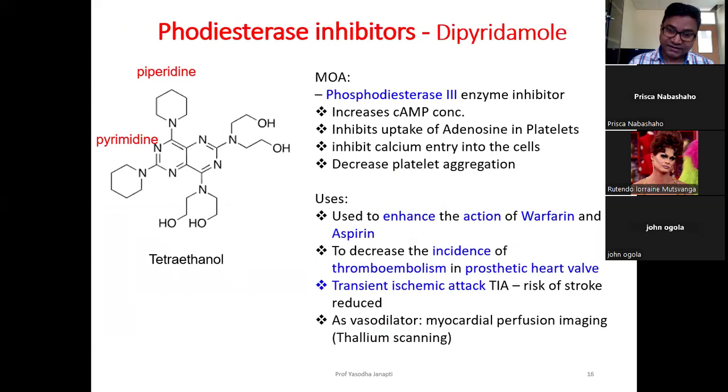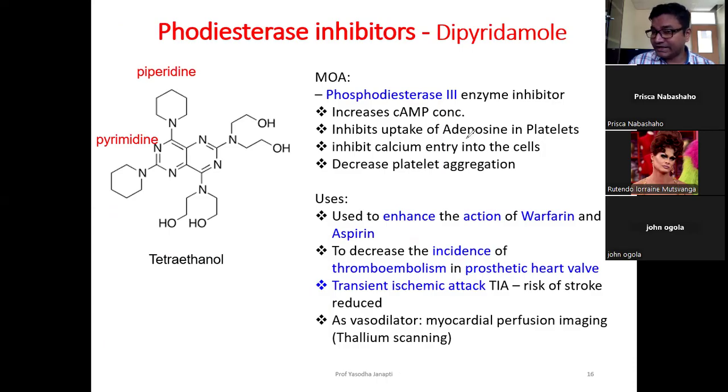Then there is the phosphodiesterase enzyme inhibitor. It will increase cyclic AMP levels and inhibit uptake of adenosine in platelets.